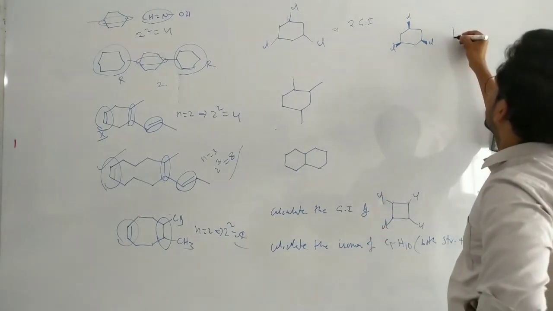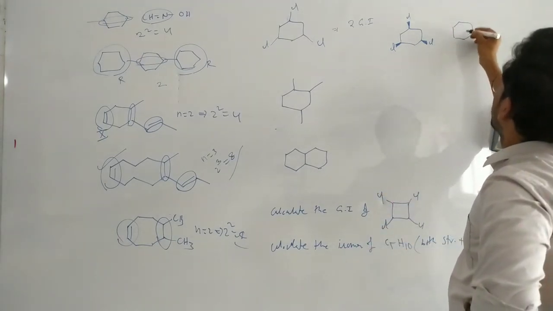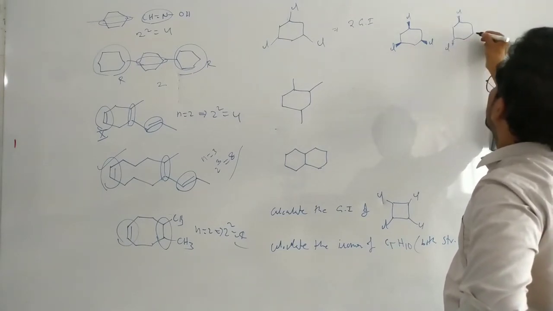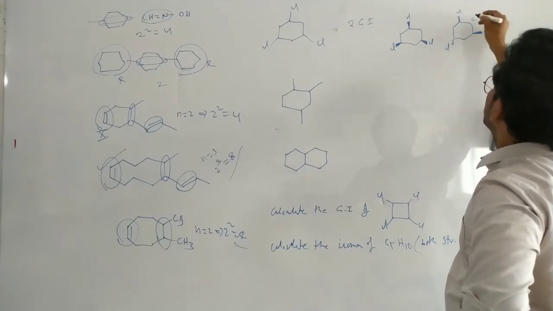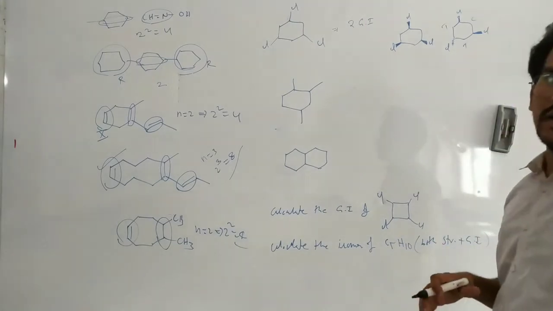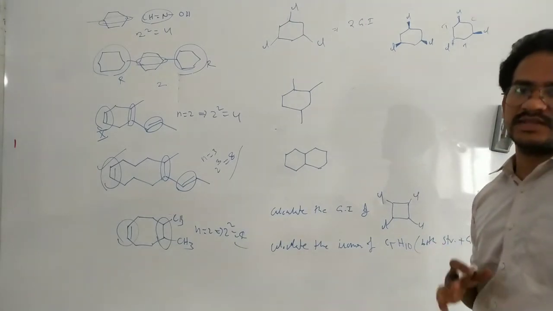Now here, above the plane, below the plane, here above the plane. These two are cis position, these two are trans position, these two are trans position. All in trans position is not possible for this one.